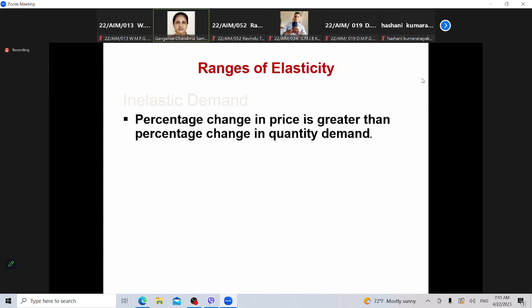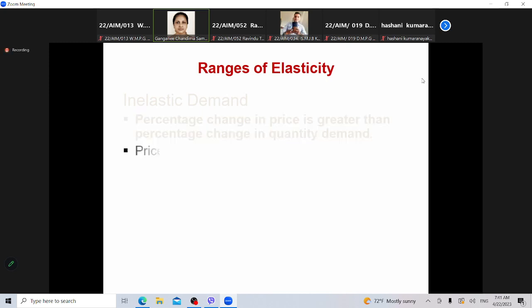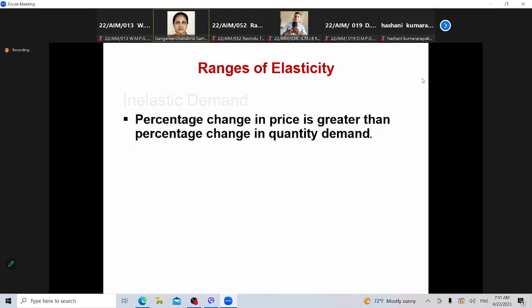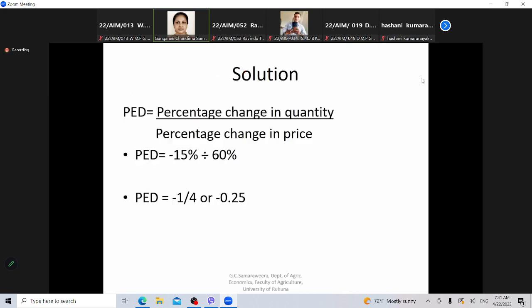That means percentage change in price is greater than the percentage change in quantity demanded. Here, see, percentage change in price. So if it is greater than this one, obviously the value comes less than 1.